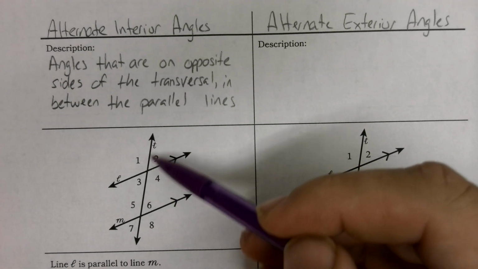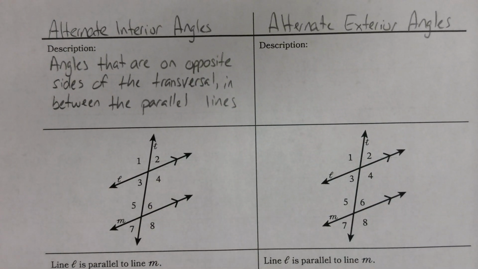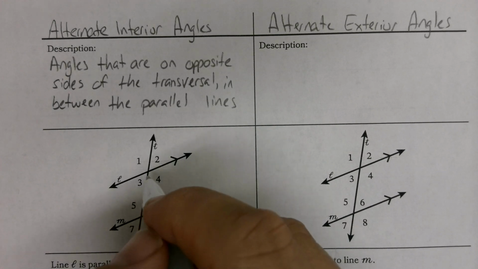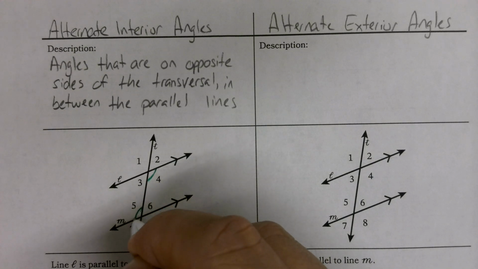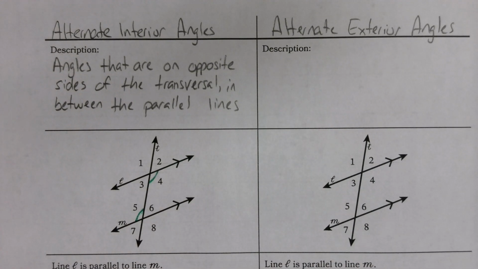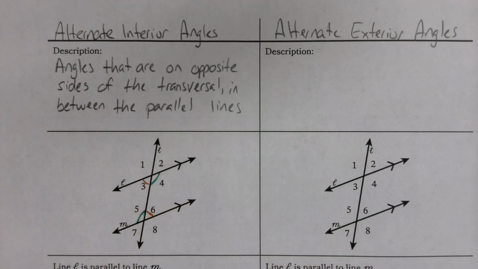Okay, so T here is your transversal. It intersects the two parallel lines. Okay, so when we do that, we're going to create congruent angle pairs of angles 4 and 5 and angles 3 and 6. Okay, interior means inside. Alternate means we're going back and forth. So I think of it as opposite.